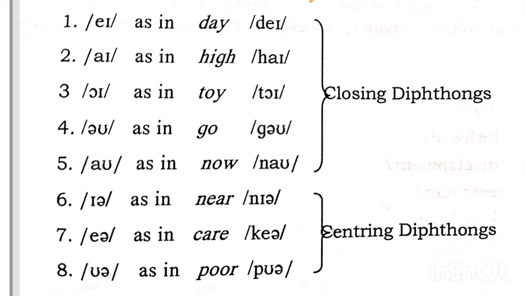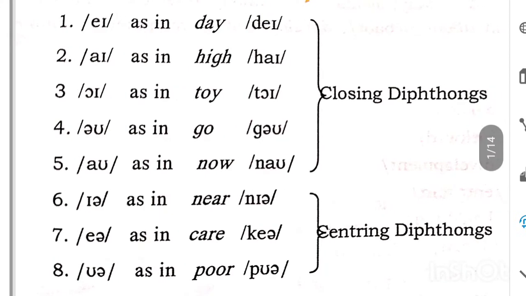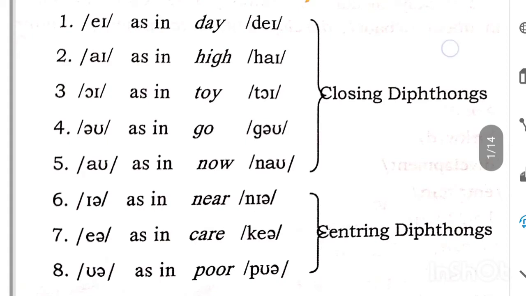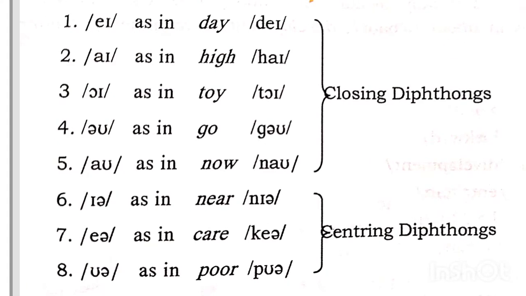Here in this word day, see, day, that is how you transcribe it, you pronounce it. This is the transcription and you pronounce it day. Here, this part, A, when you pronounce, you can feel that the glide movement is towards a closing position, day.